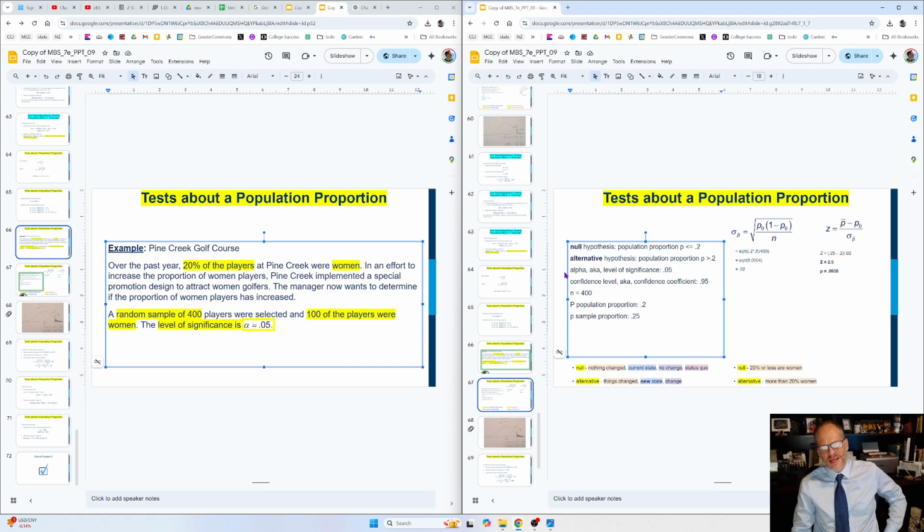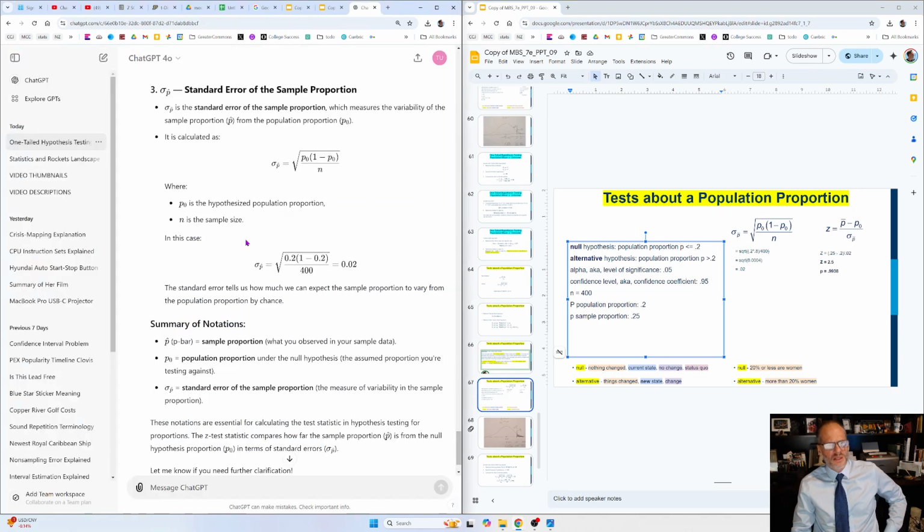And then we fill all this out. We have an alpha, or level of significance, of 0.05. That's given to us right there. Level of significance is 0.05, which means its counterpart, the confidence level, the confidence coefficient, is 0.95. So with a sample size of 400 and a population proportion of 0.2, how did ChatGPT say it here?